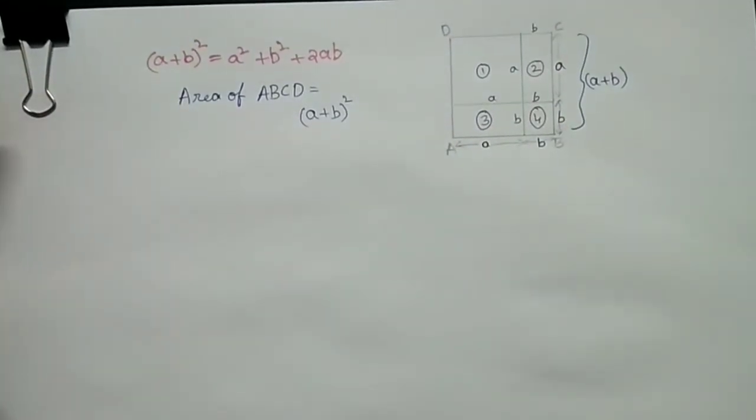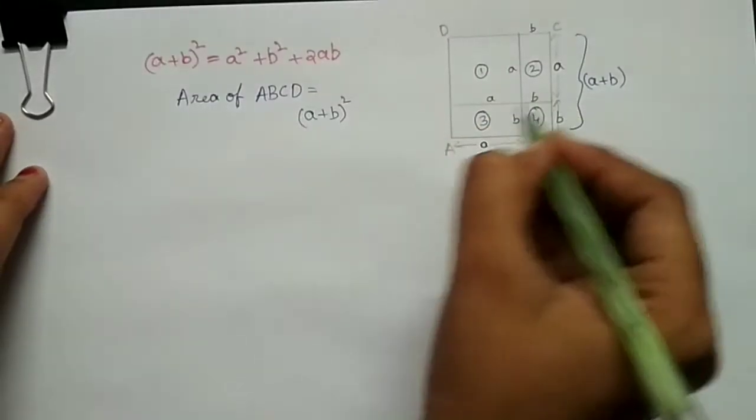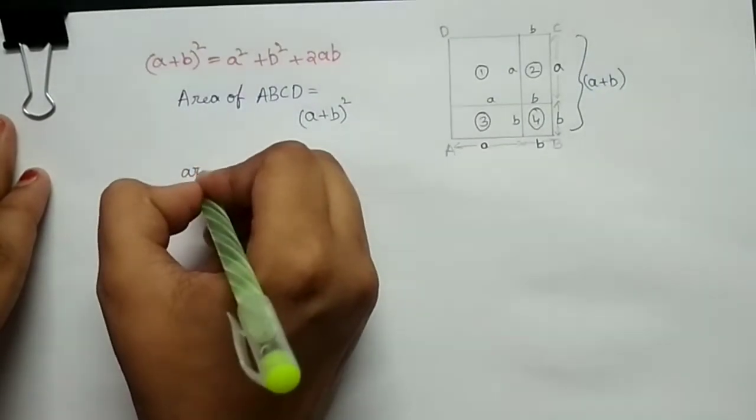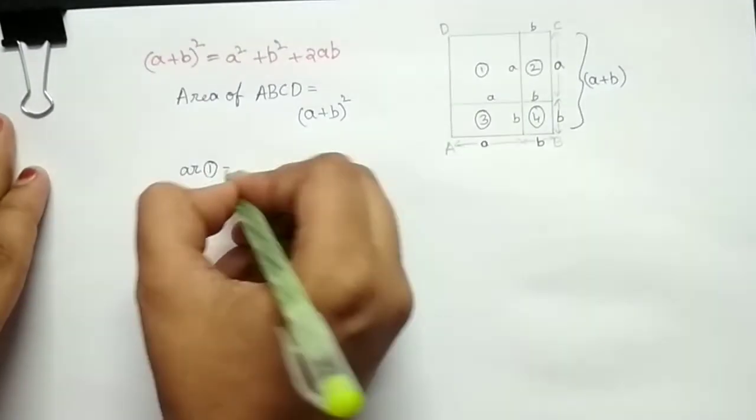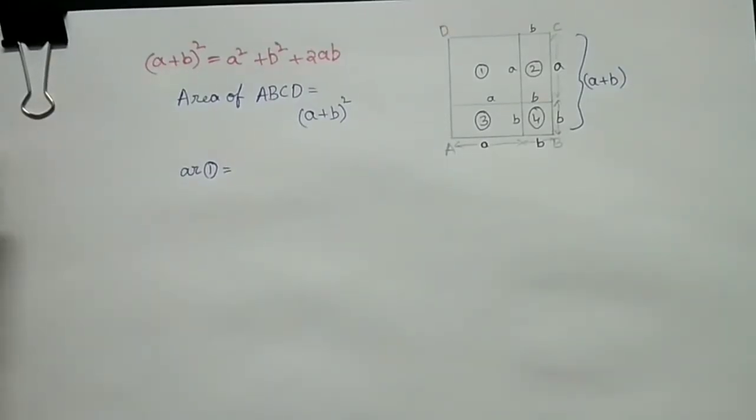Now let's individually write down the areas of parts 1, 2, 3, 4. The first part is a square of side A, so the area will be A square.